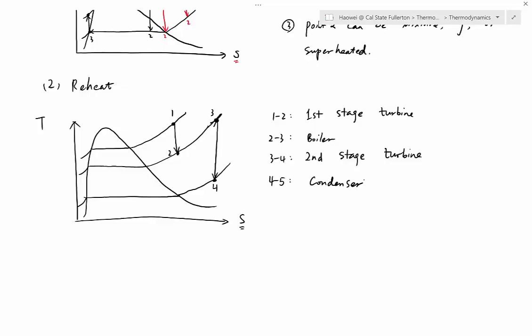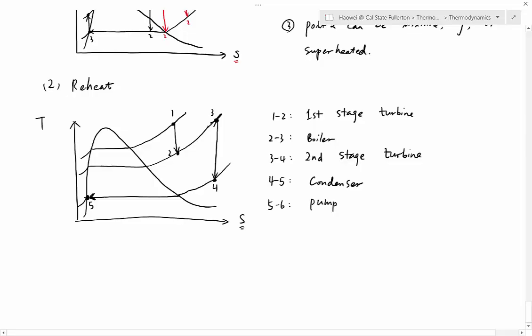That's where you lose heat. If you lose heat, you also lose entropy. So that means your x-coordinate becomes smaller. So you must move to the left. And then we always cool it down to F point. So number 5 is the F point. 4 to 5 condenser. And then 5 to 6 pump.